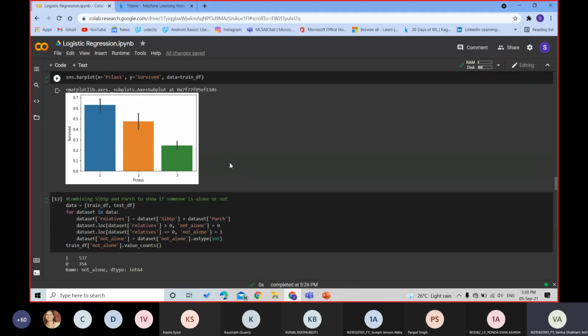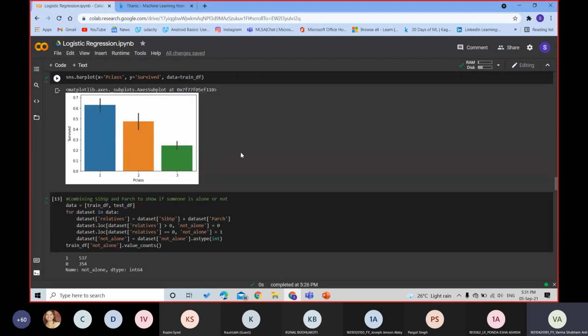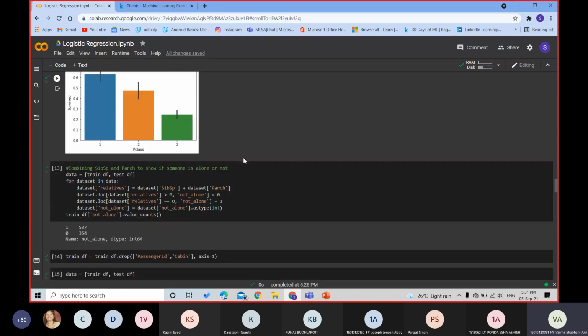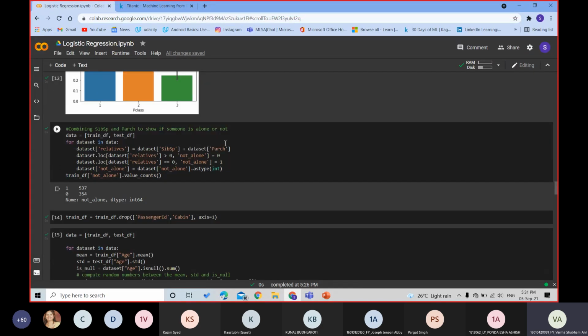Then, as we know, the machine learning model that we want to train will not understand whether it is male or female. We have to give some binary to it. So we first found whether the person traveling on the ship was alone or with someone, like his sibling, his spouse, or his parents.